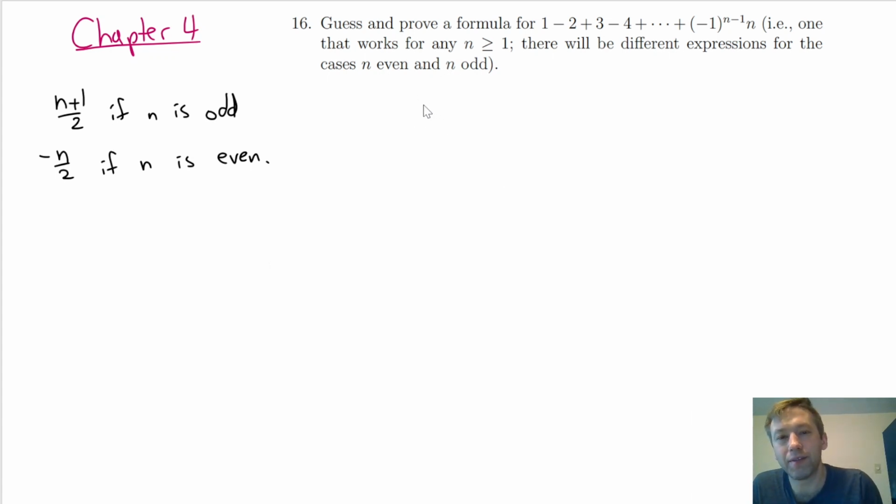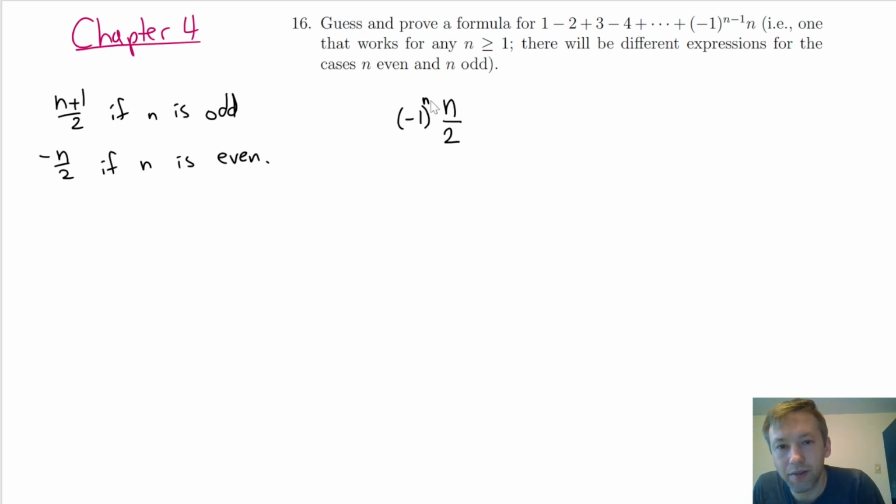But if you think about it, we can kind of merge it into one expression. So I'm going to write this as negative, well, basically, if n is odd, this is pretty much n over 2. And if it's even, it's kind of like negative n over 2.